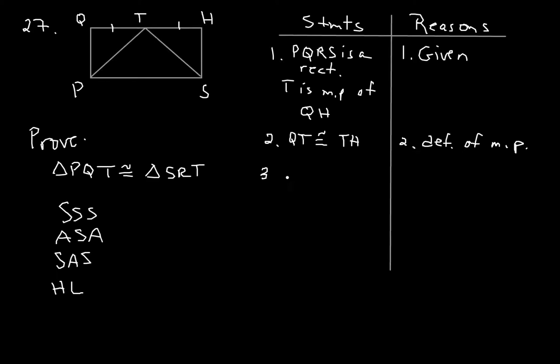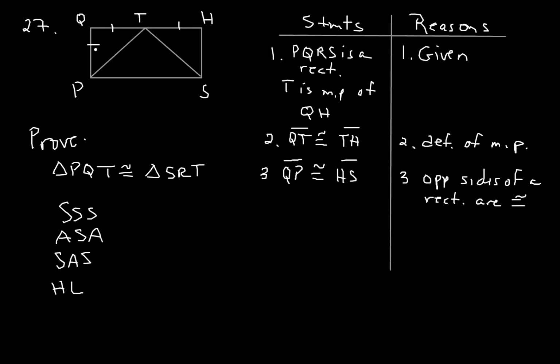I can say QP is congruent to HS. And why can we say that? We can say that because these should really have segment lines over there when they're congruent. We can say that because opposite sides of a rectangle are congruent.